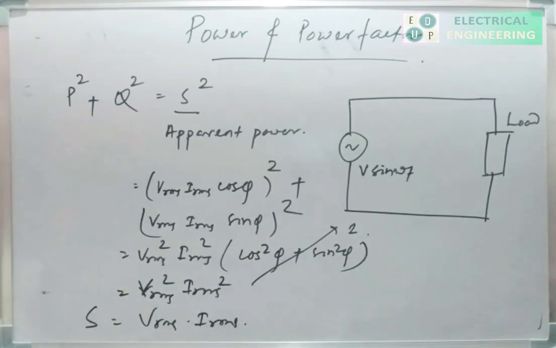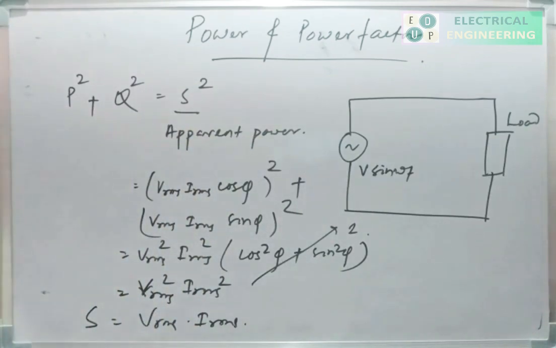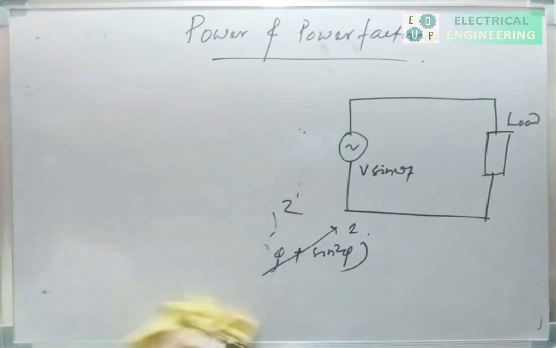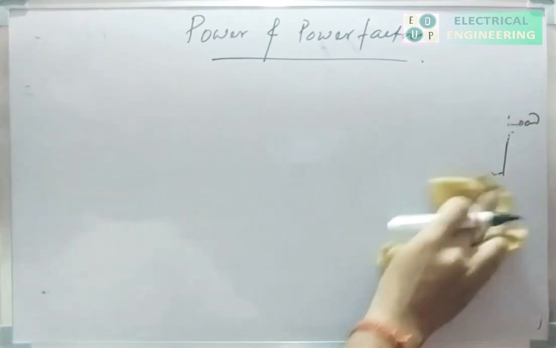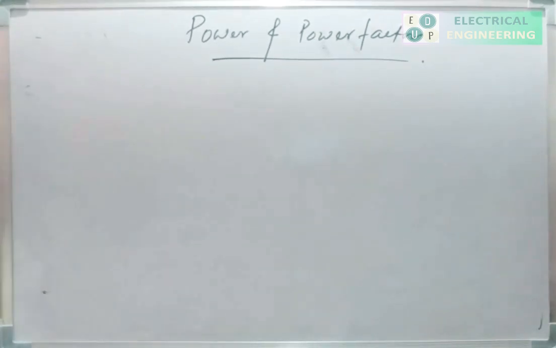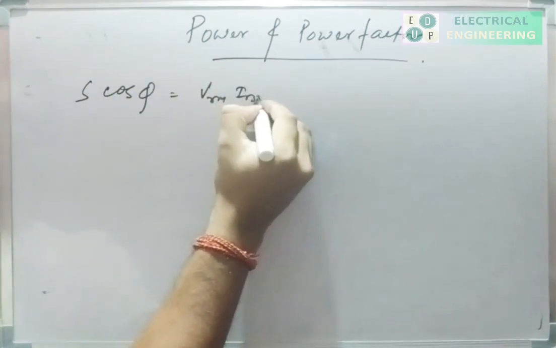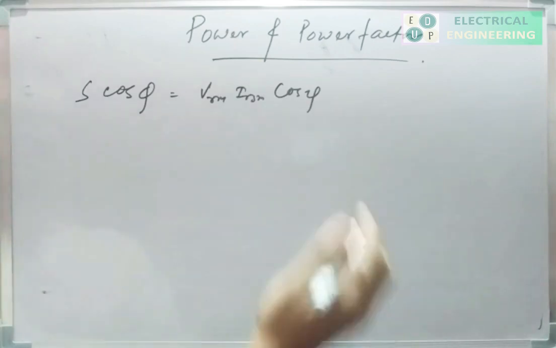This is apparent power. If I take S cos phi, then I will get the active power. If I take S sin phi, then I will get the reactive power. Okay, fine. If I take S cos phi, that is VRMS IRMS cos phi, here VRMS and IRMS are always positive.